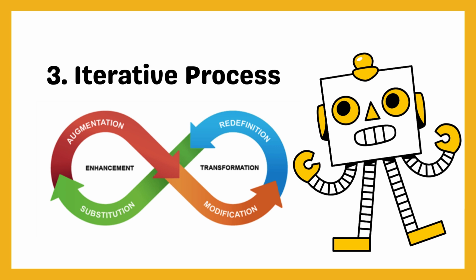We might start, for example, at substitution, but can move back and forth between the stages based on the needs of the learners and the technological capabilities that the client may have.